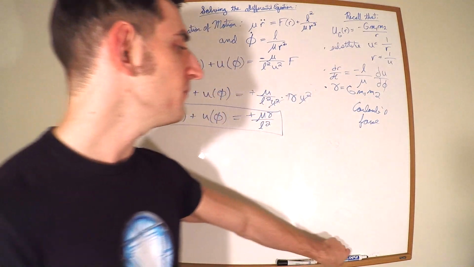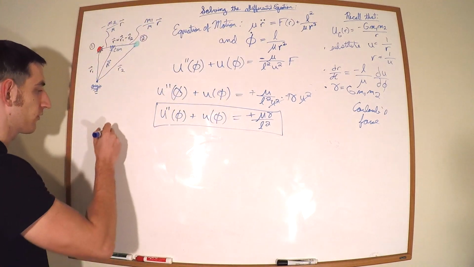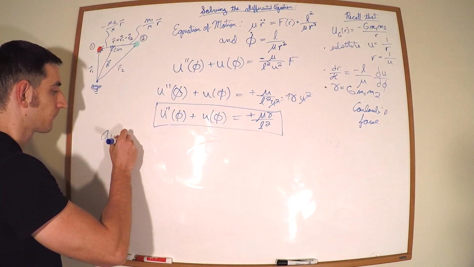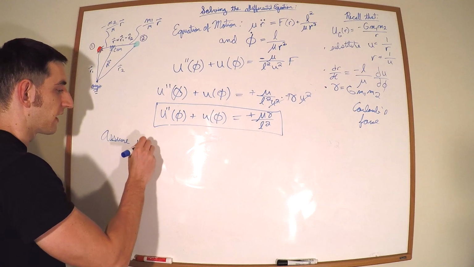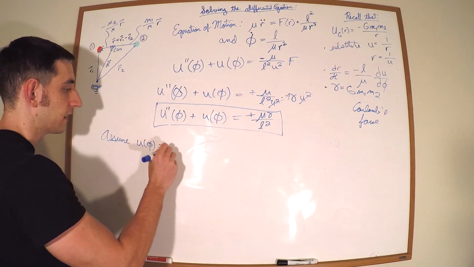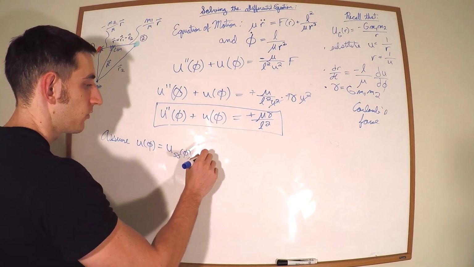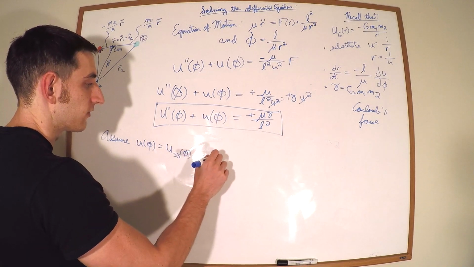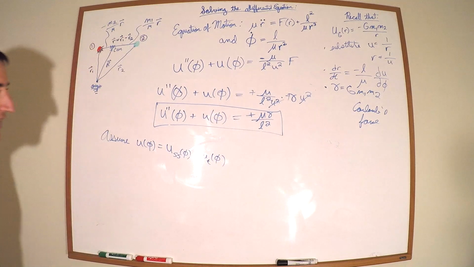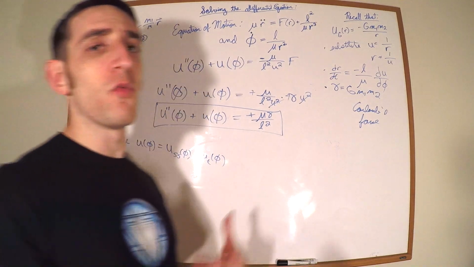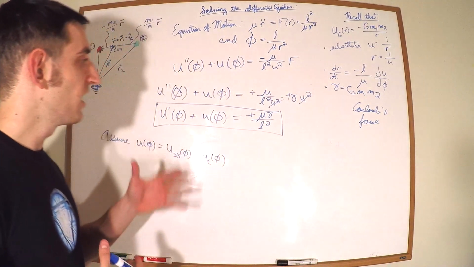So our assumed solution is going to be U sub theta equal to a steady state solution plus a transient solution. And that's really the physical interpretation of what's going on here.